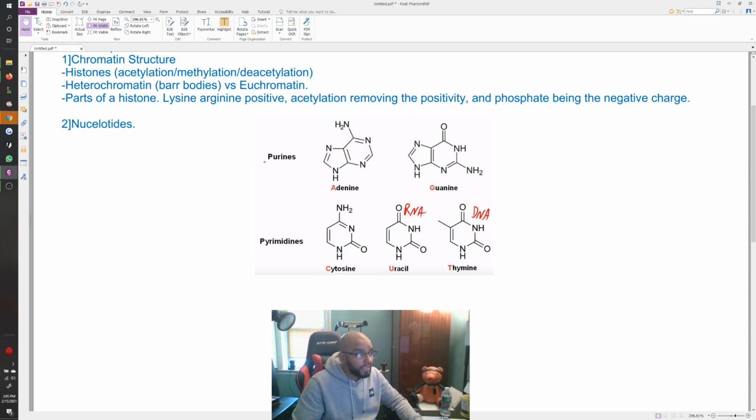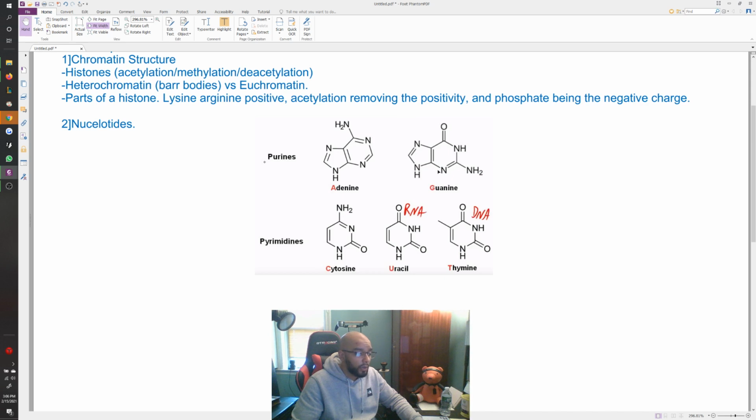The deamination that can occur is basically removing the amine, so when you remove the amine, it becomes something else. If you do a deamination reaction to cytosine, this cytosine will become uracil. So you would remove this right here. That's the deamination you would do to make your cytosine into uracil.